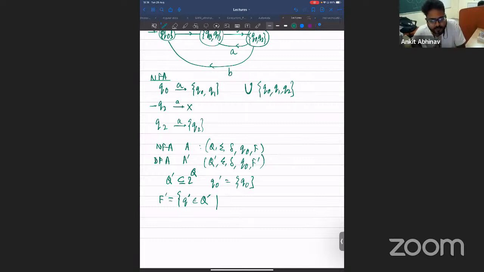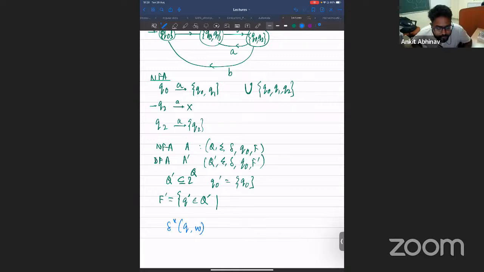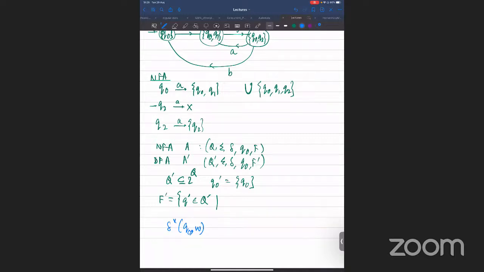No, it should be delta star Q prime comma W. So what Ankit is saying is the following: delta star Q comma W. Do you want to talk about Q0, the initial state? Initial state, sorry, Q0. Okay, delta star Q0 comma W. And since this final state is a single state, yes, it should be element of F.